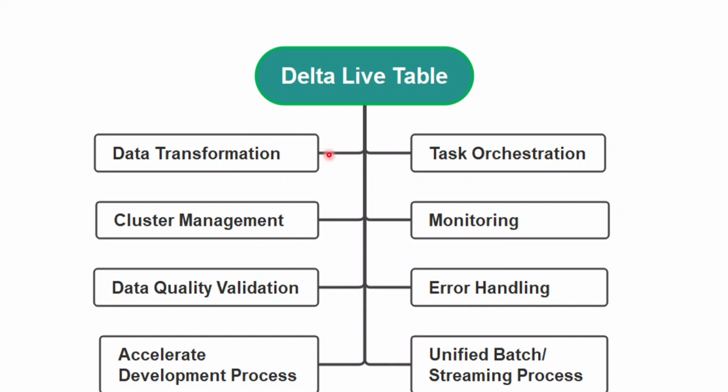Delta Live Tables will perform the data transformations internally. It will manage all the transformations within the Delta Live engine. So we just have to declare what kind of transformations or what kind of end output we need. Then the Delta engine will think internally, and it's a smart and intelligent engine, so it will think of the best approach and start applying all the transformations automatically.